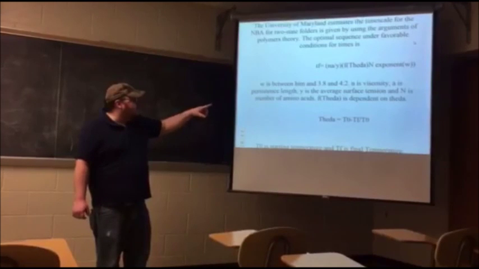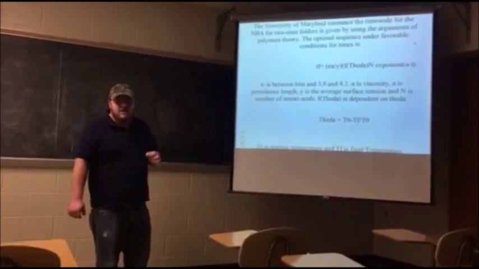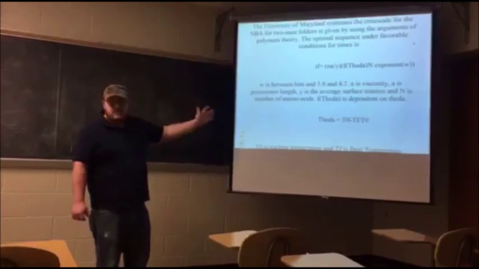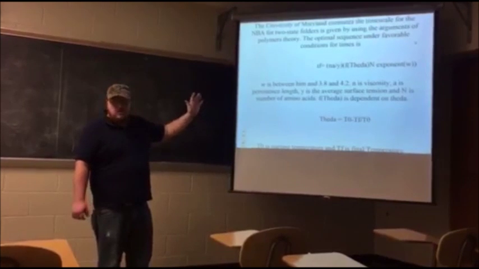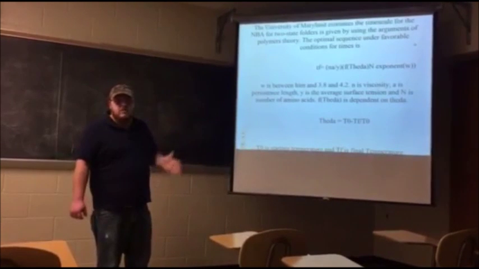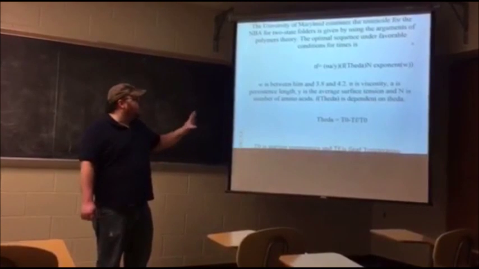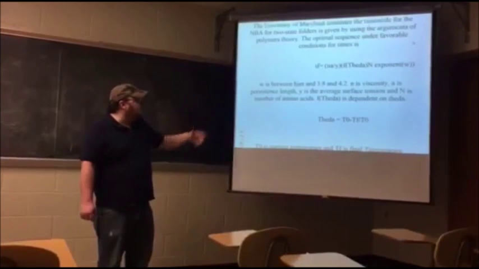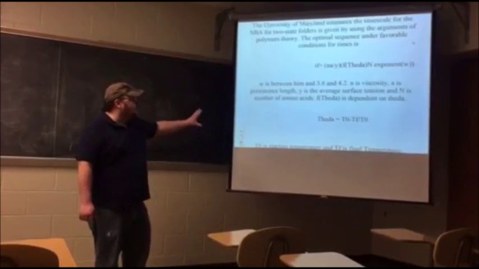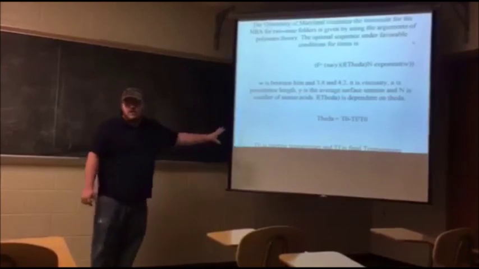F of theta is dependent on theta. Theta is dependent on temperature. Temperature initial minus temperature final over temperature initial creates our theta, and theta gets plugged into it. Now this is a very simple equation.